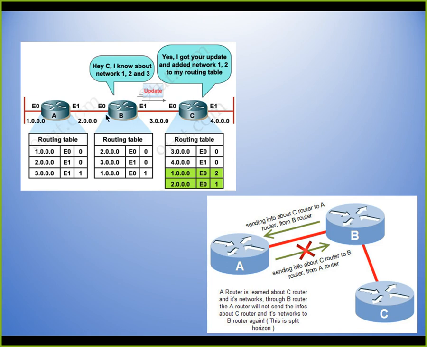What split horizon says is that B sent the route to 1 to C, so C can't send that route back to B. Split horizon down here: sending info about the C router to A from B, sending info about the C router to B from A. That's not going to happen, because it got the information about C from B. It can't send it back.